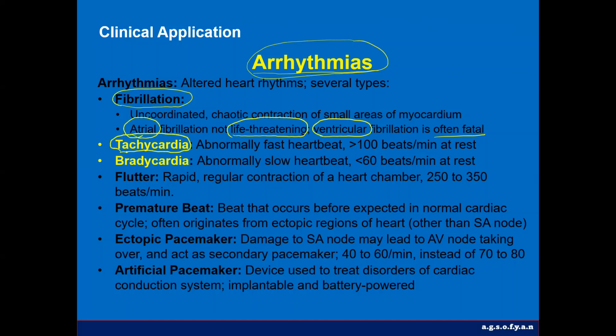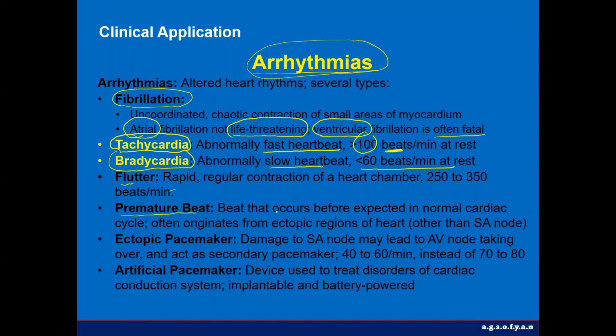This is an abnormally faster heart beating, mostly an average higher than 100 beats per minute. Okay, this is tachycardia. The opposite of tachycardia is bradycardia. This is an abnormally slow heartbeat, lower than 60 beats per minute. Okay, bradycardia. Flutter, this is rapid regular contraction of the heart chamber, 250 to 350 beats per minute.